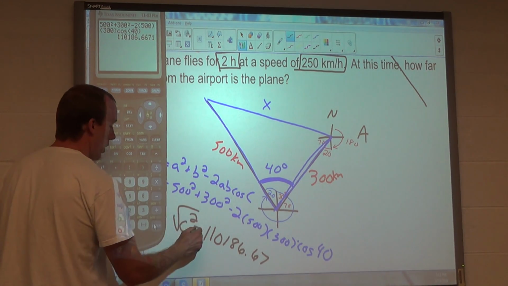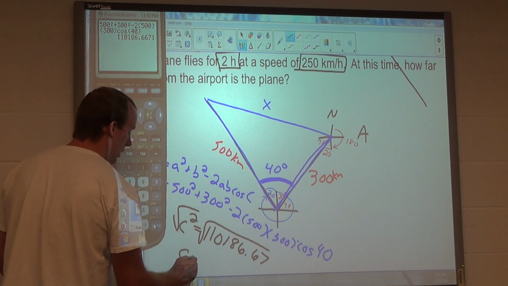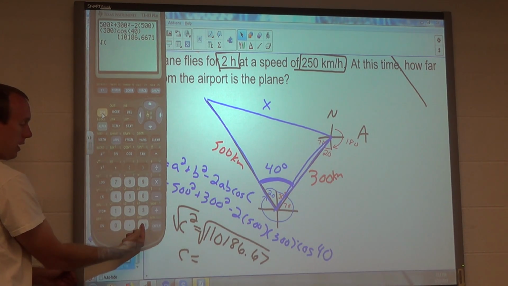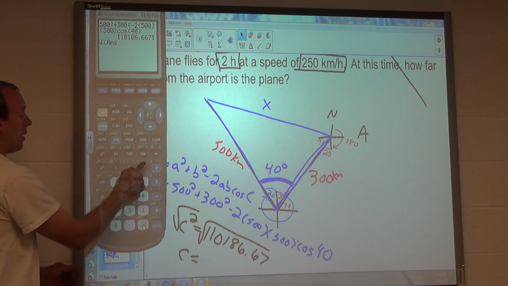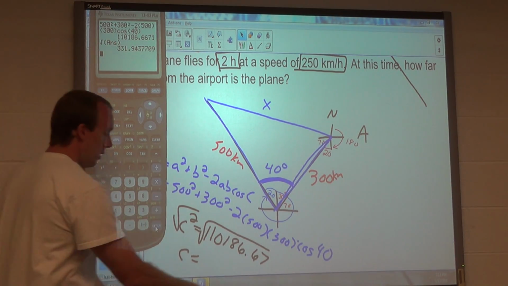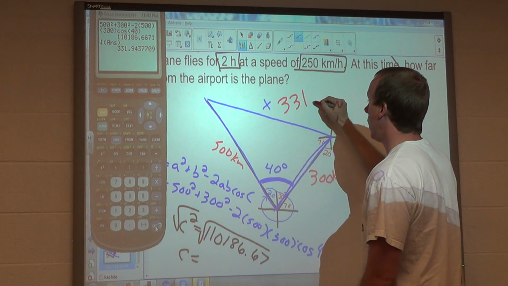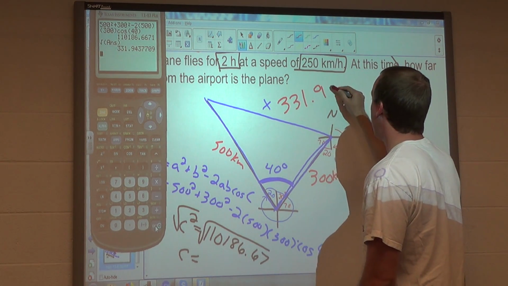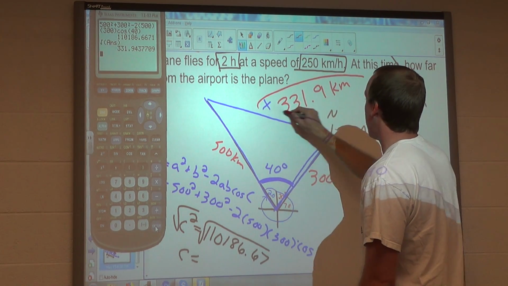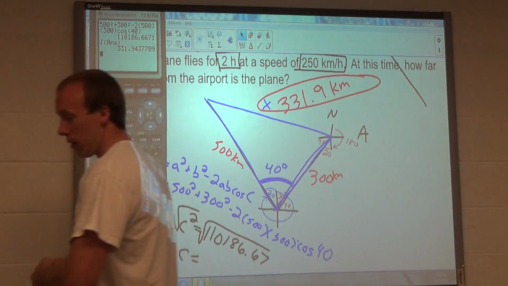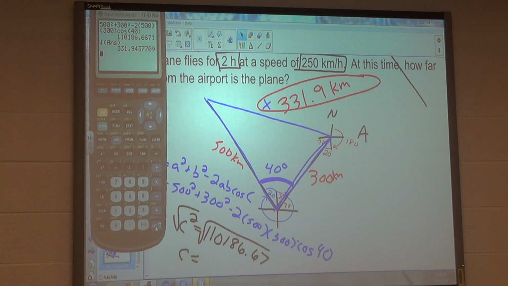I then have to take the square root of that. So c would equal second square root, second answer, the negative sign here. Okay, and then hit enter. So then my distance from there to there would be 331.9 kilometers. So that is how far away the plane is from the airport.